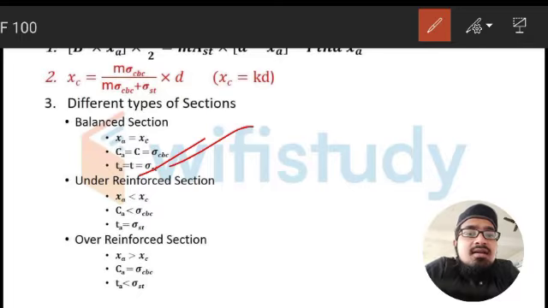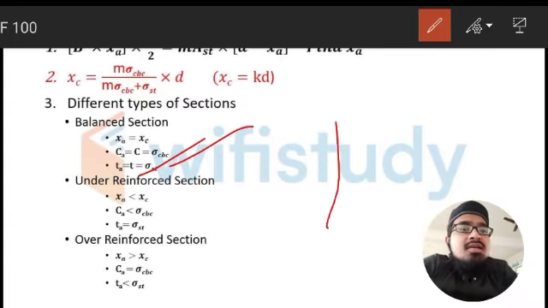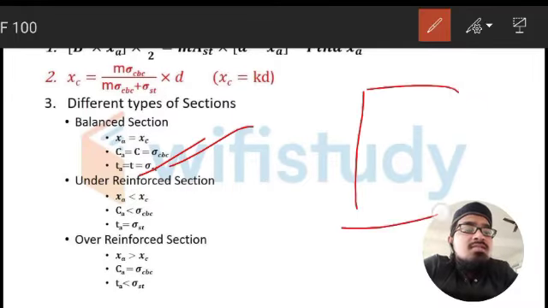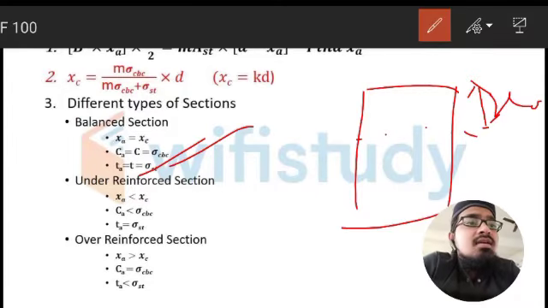In an under reinforced section, XA will be less than XC. Suppose this is any cross section of a beam, and here is the neutral axis XA.